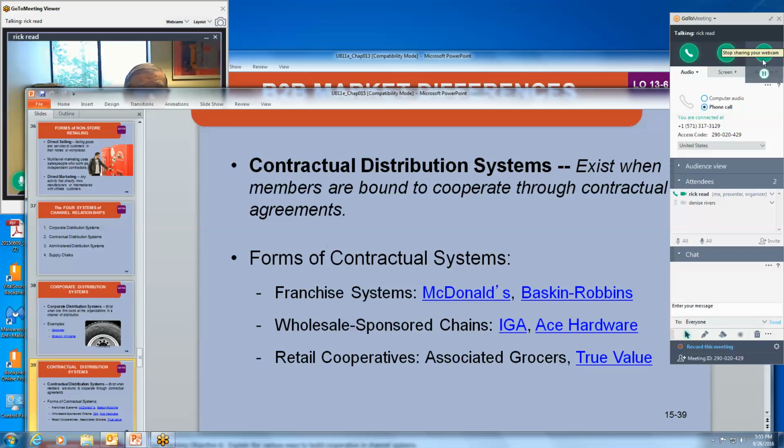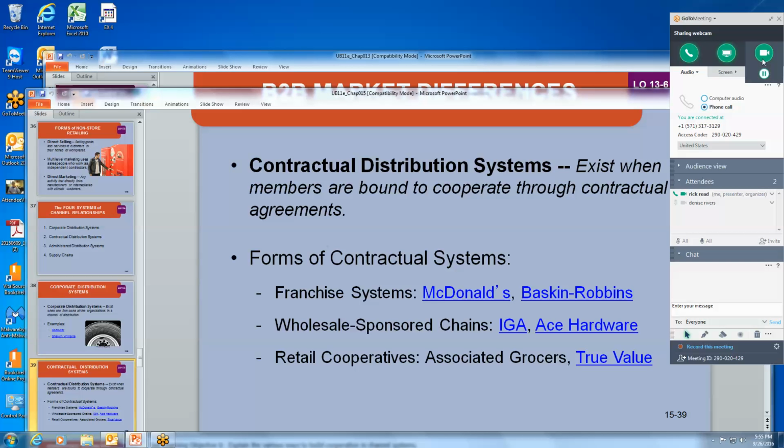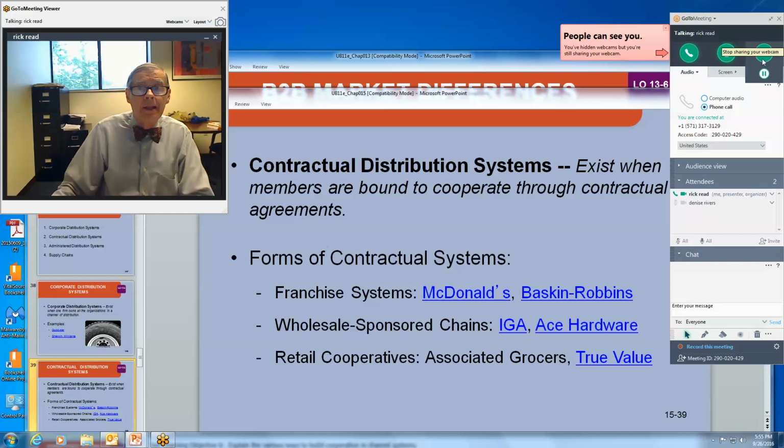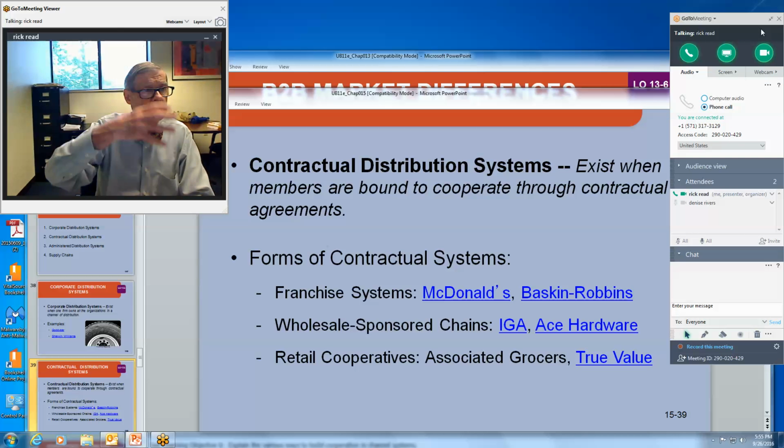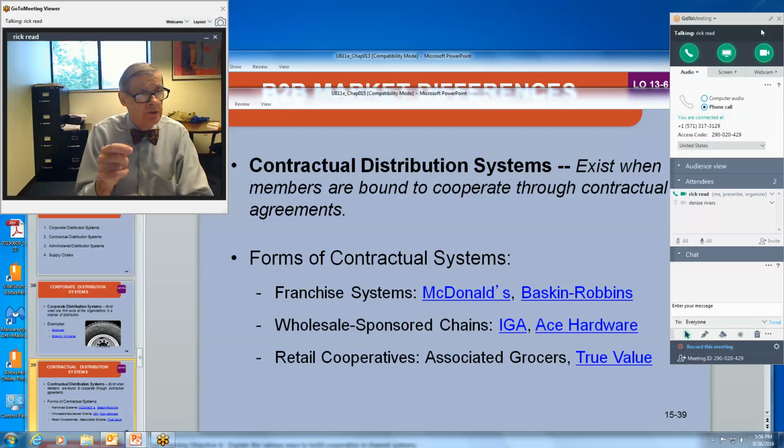Contractual distribution systems. Here, the members within this system are bound by a contract, by agreements. So then you have here, notice here, 3 types. You have franchise systems, McDonald's, etc. And you have to buy from McDonald's. You don't buy from anybody else. You get your distribution from McDonald's, not from someone else.